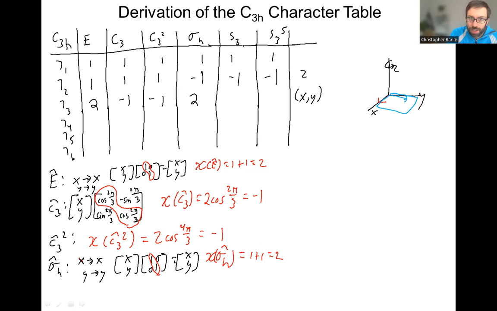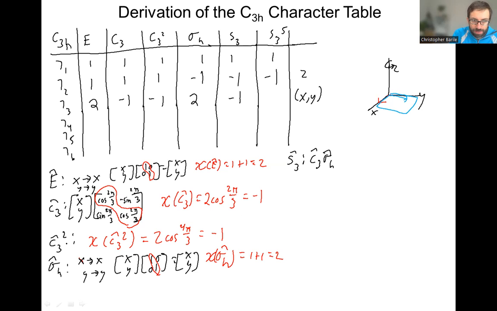We keep carrying on. Now we do an S3. What is an S3? Let's just write that down. C3 followed by sigma h. So we're going to be doing a C3, which gave us a -1. And then the vectors aren't changing at all. So we know right away it's just going to be -1.